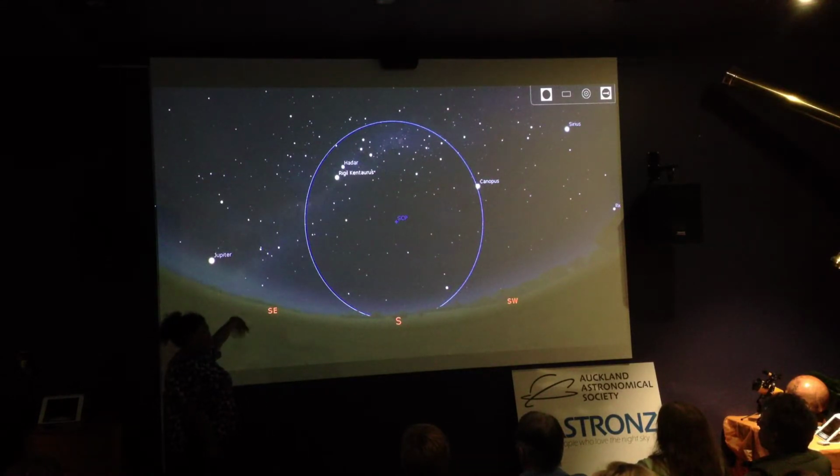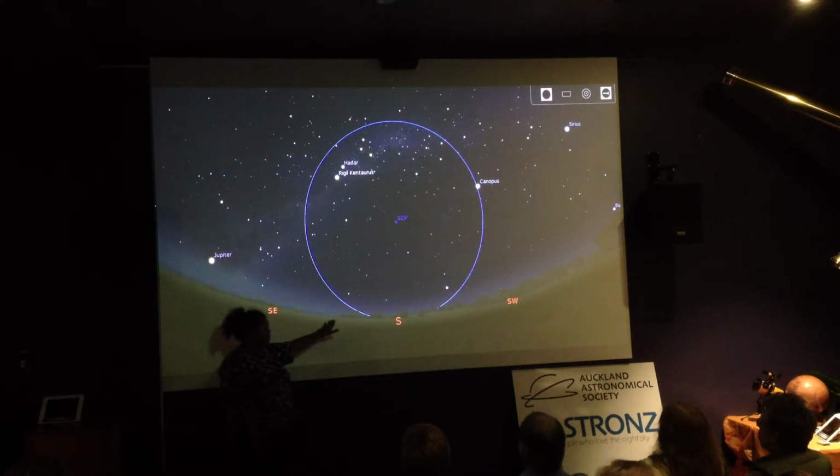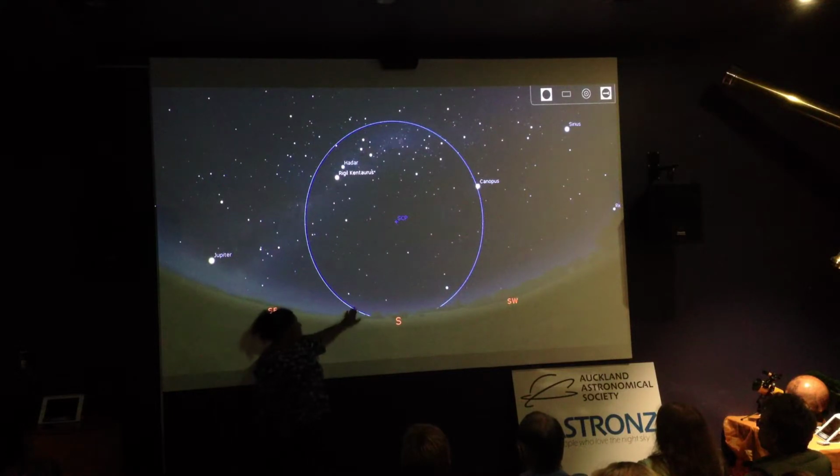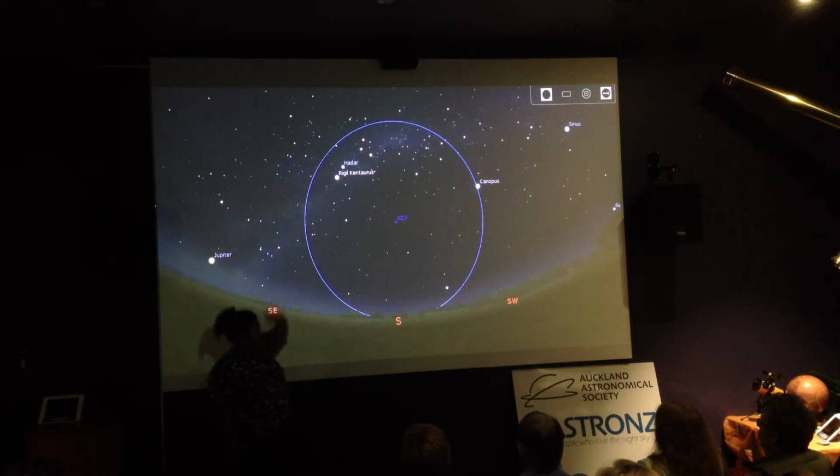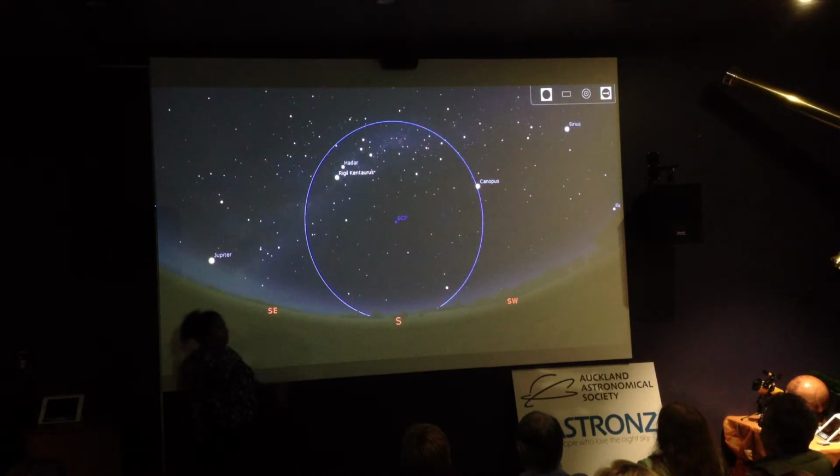So if the South Celestial Pole sits at the horizon, you know you're at 0 degrees, because you're at the equator. And if that South Celestial Pole sits right above you, you're at 90 degrees, right? So directly 90 degrees away from the equator.